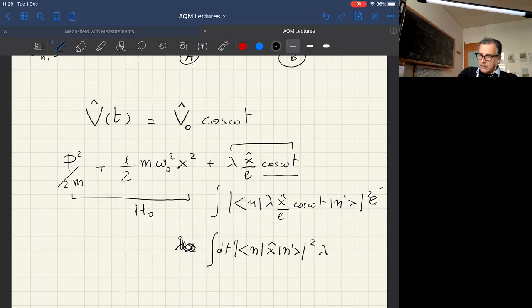Then I get lambda. Just a moment. This should go out. Okay, it's just out.